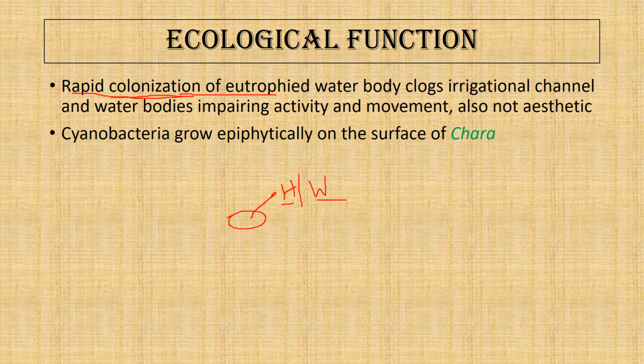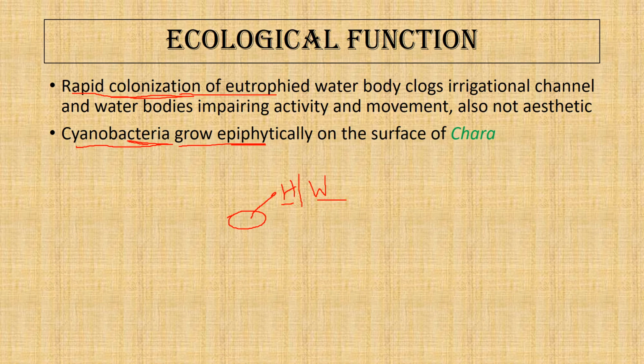And also Chara has another important function, that is it harbors cyanobacteria that grow epiphytically on it. So these cyanobacteria, as we know, produce cyanotoxins. If they grow luxuriantly on the Chara surface, in the long term the cyanotoxins will be released when the cyanobacteria die and the cell walls burst.